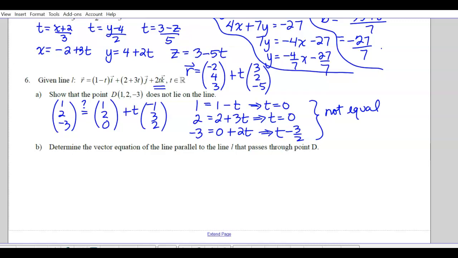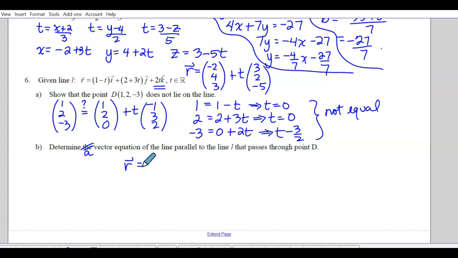Okay. So then, determine the vector equation of the line parallel to line L that passes through D. Actually, I should say a vector equation, because there's more than one possible. Parallel means it has to have the same direction vector.